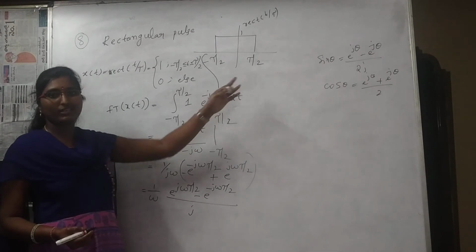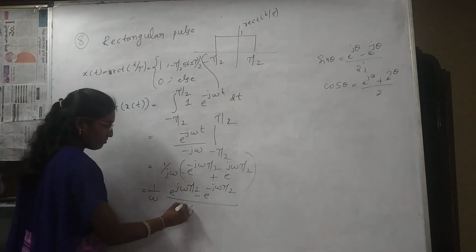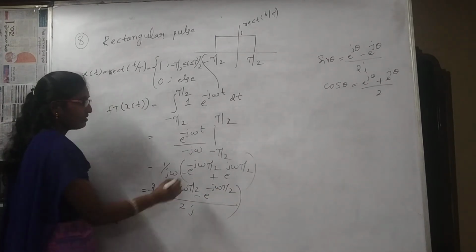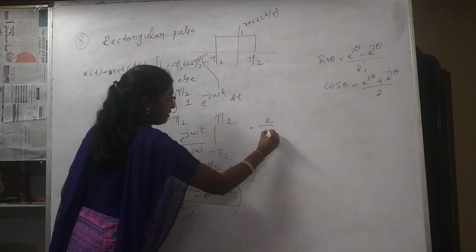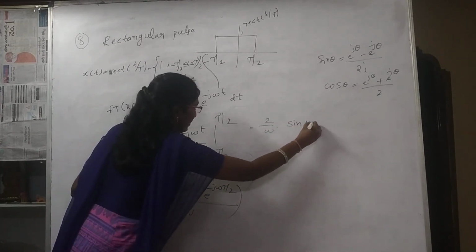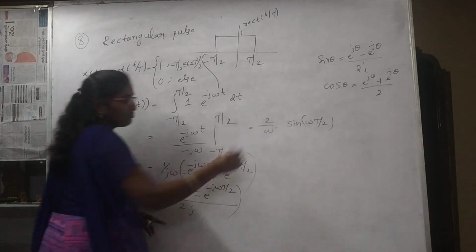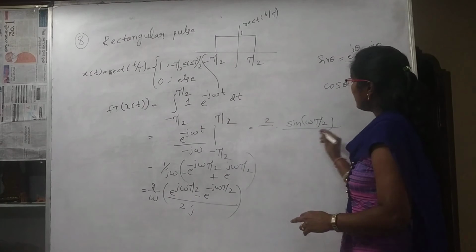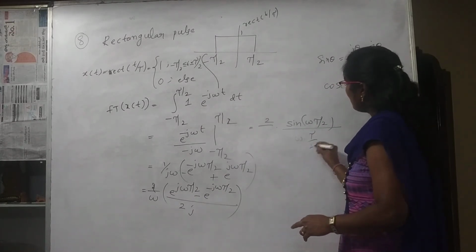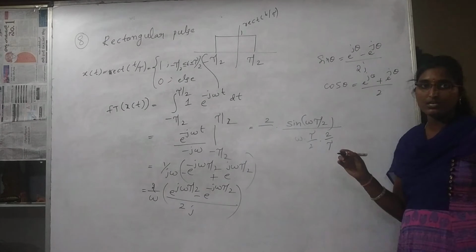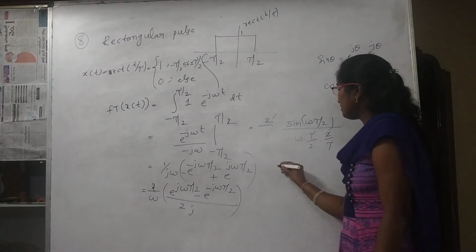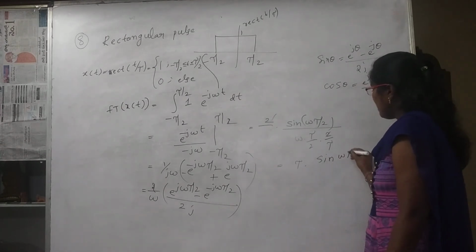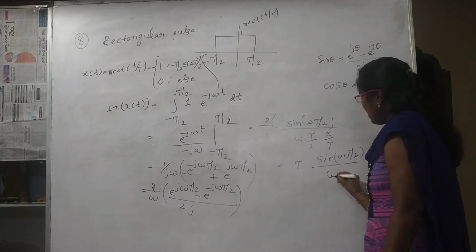What is required to write it as a sine? 2 is required, so divide and multiply by 2. Then that is 2 by omega sine omega tau by 2. Then I am going to make one more arrangement here, with omega, tau by 2 into tau by 2. This 2 gets cancelled, and tau is in the numerator. Tau into sine omega tau by 2 by omega tau by 2.